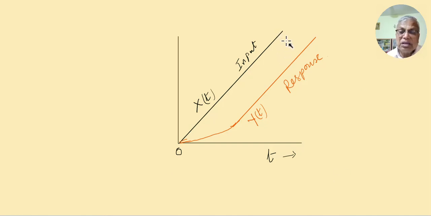Take a region where these two lines are almost parallel and find out by how many minutes the response lags. This is a horizontal distance. The horizontal distance between the two curves after long enough time will give you the lag between the input and response, right?